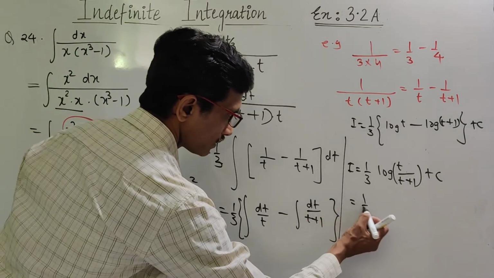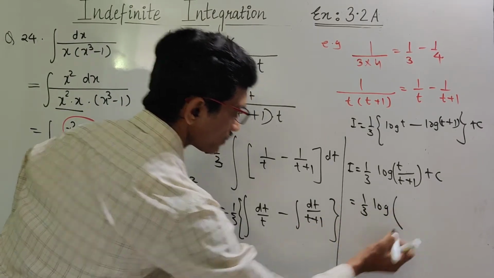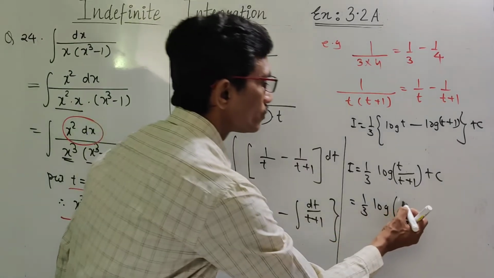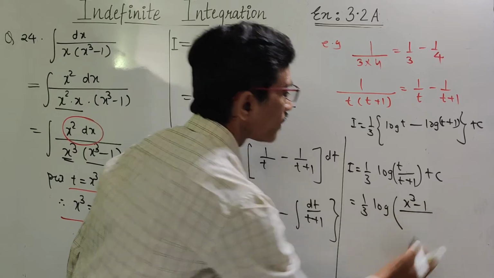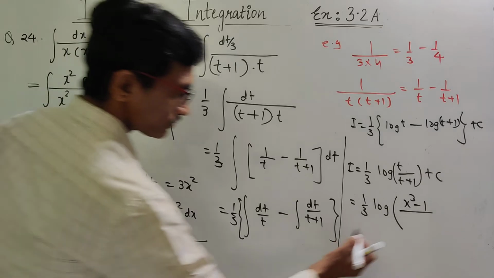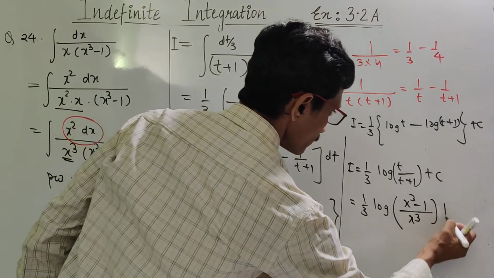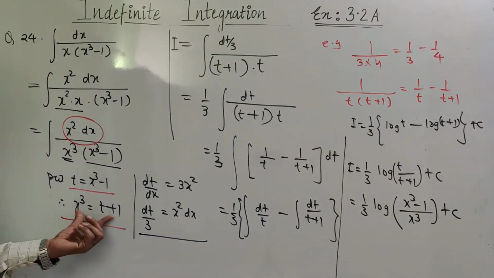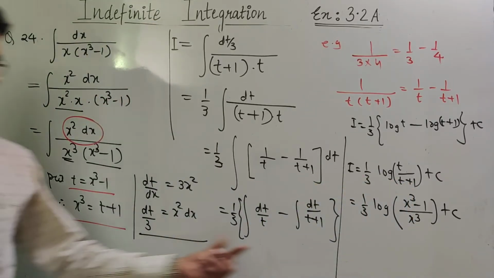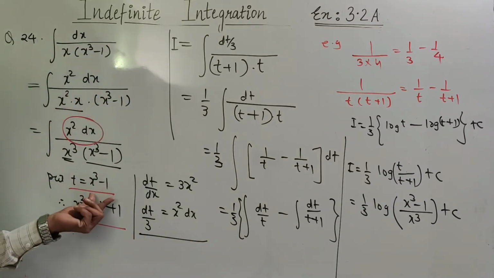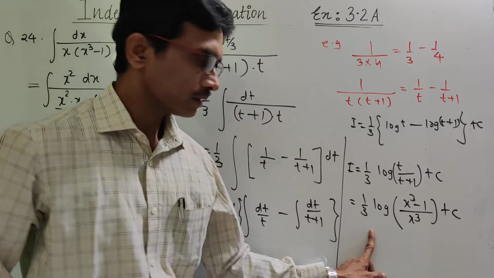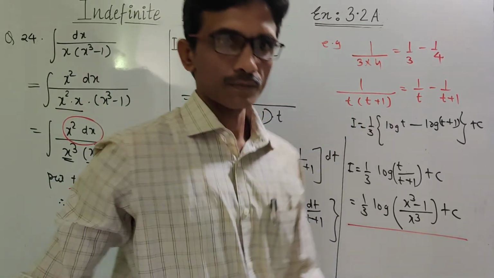So it will be 1 by 3 log of x cube minus 1 upon x cube plus c. So we wrote x cube minus 1 upon x cube and this 1 by 3. So this will be the answer.